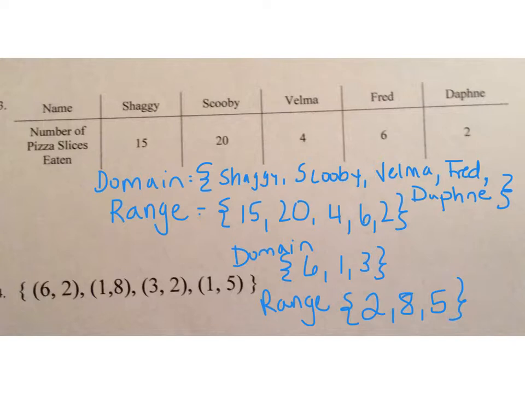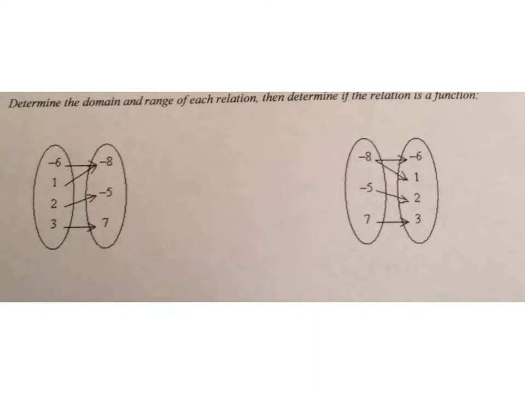Alright, excellent. Let's look at another one. Okay, here we have two mappings, and we're asked to give the domain and range of each and then determine if the relation is a function. So if you read your chart, there's a nice chart that's provided in the information sheet.